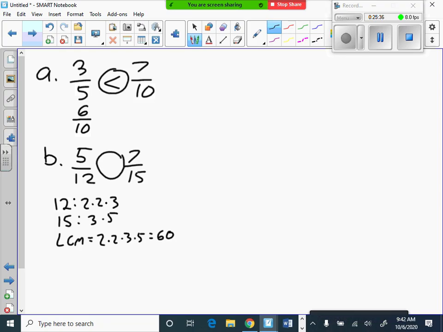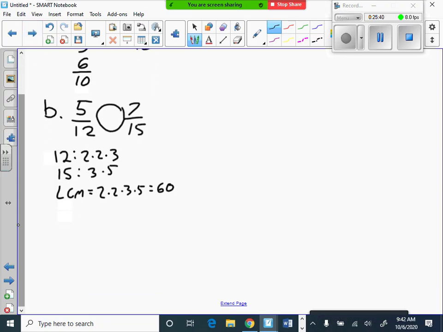So the number that they both go into is 60. So something over 60 compared to something over 60. I'm going to use blue real quick to show you what we're doing here. 12 has a 2, 2, 3. So here's a 2, 2, 3. 12 needs to multiply by 5, so 5 needs to multiply by 5. That gives me 25.